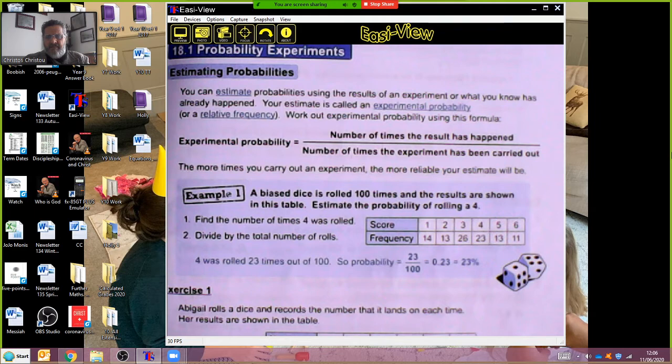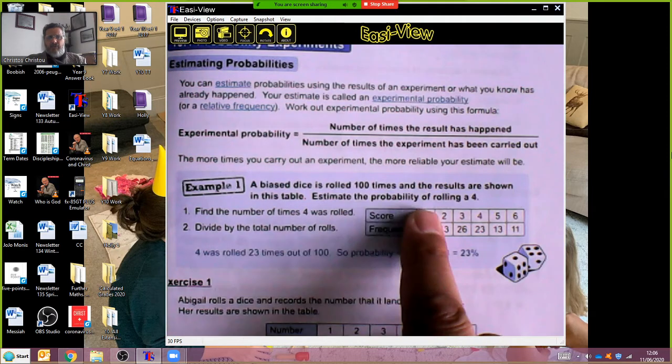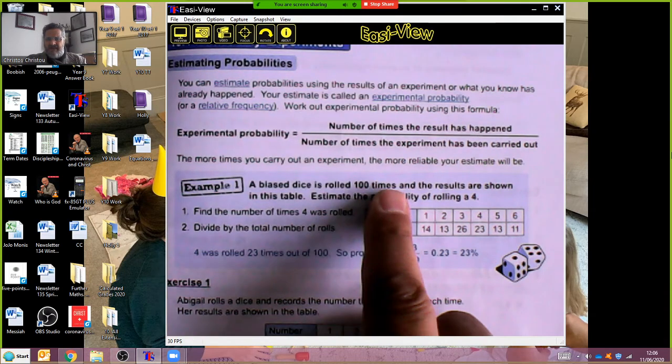So a dice is rolled 100 times, and the results are in there. Estimate the probability of getting a 4. Well, I've thrown a 4 23 times out of 100. So 23 over 100, 0.23, or 23%. Quite straightforward, isn't it? Would that dice appear biased to you? Well, how many 4s would you expect, actually?